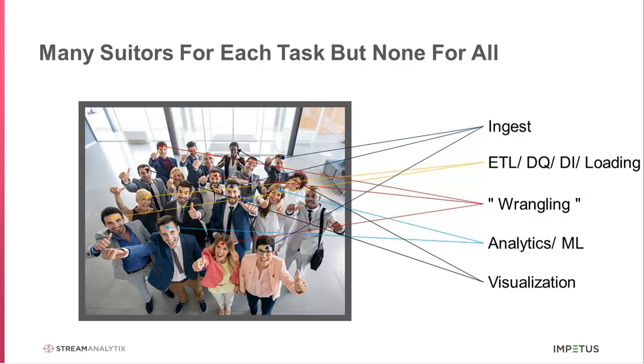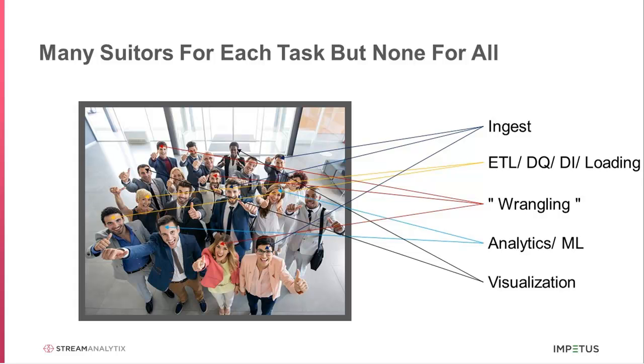Now, they are specialized in ETL, DQ, DI, and loading. There are some new generation vendors that are wrangling vendors. Of course, there's analytics and machine learning. There's visualization. You're kind of stuck with the default predictable pathway of having a multi-vendor situation where each vendor is specializing in their piece and not really doing the whole thing.